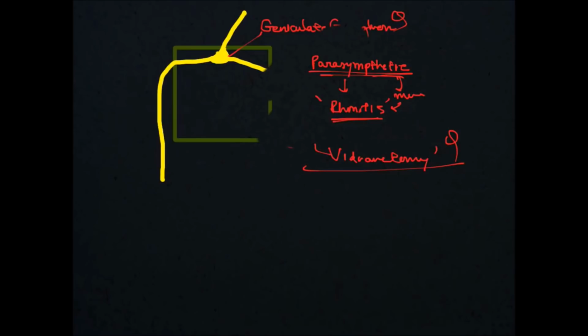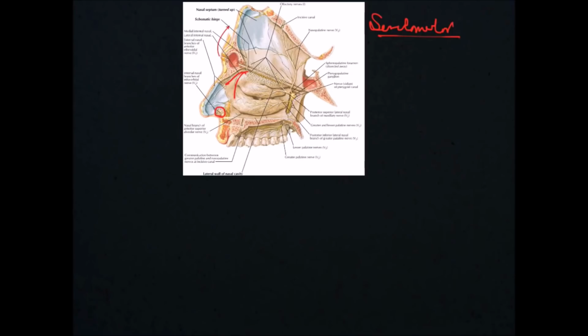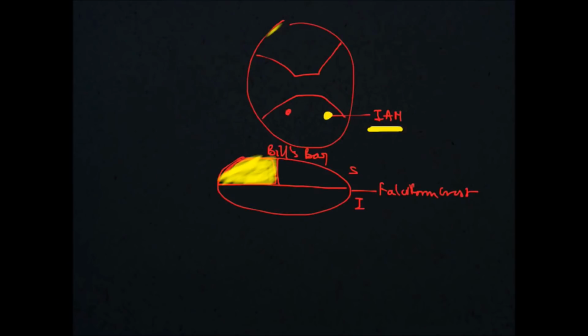So the last nerve supply is the sensory nerve supply, which is by the ophthalmic and the maxillary nerve. So you must remember, general sensation is by the ophthalmic and the maxillary nerve. So in a nutshell, we will deal with sensory.